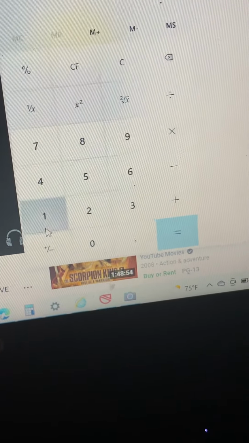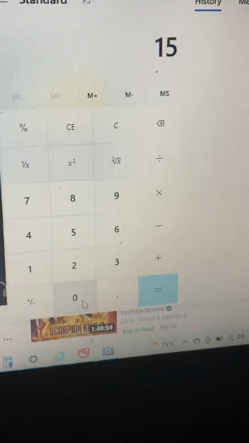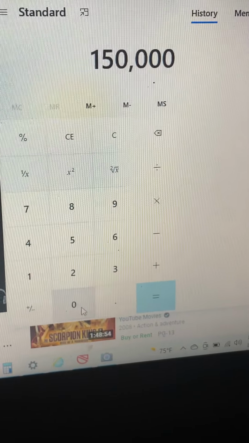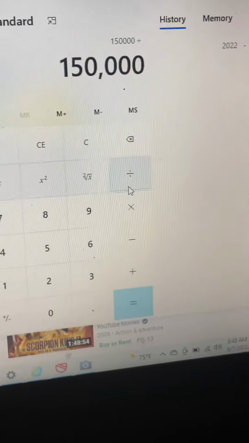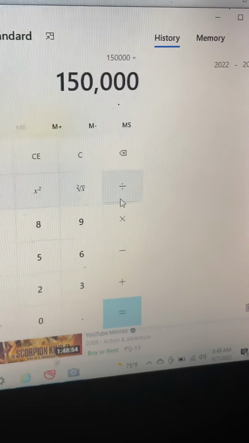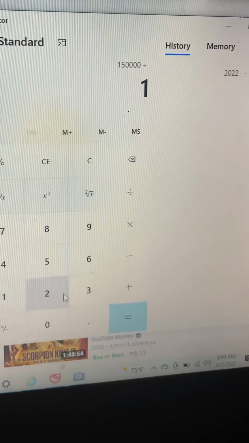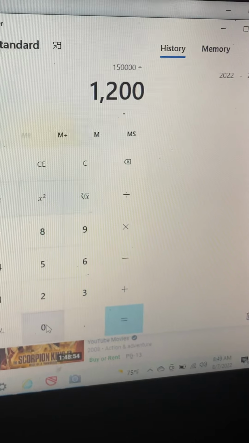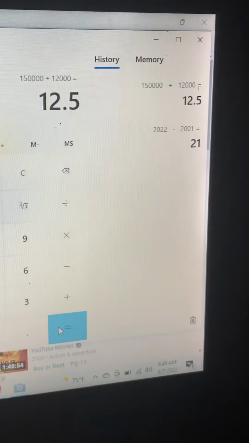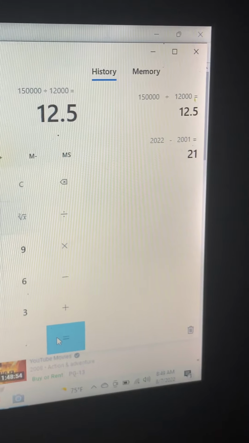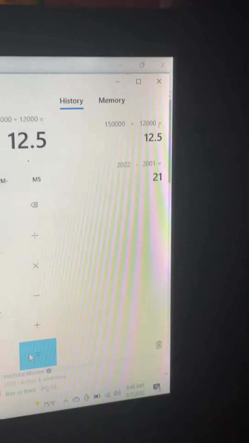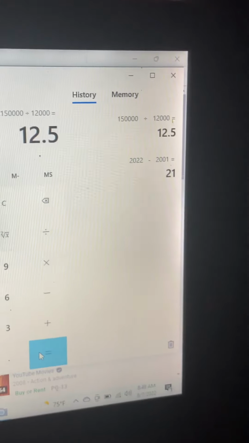Price of $150,000. $12,000. $12.5 is your gross rent multiplier. Could be wrong on that, but whatever.